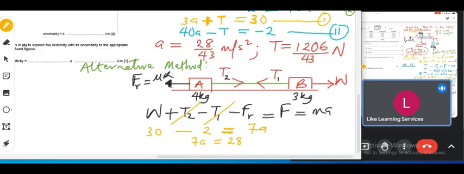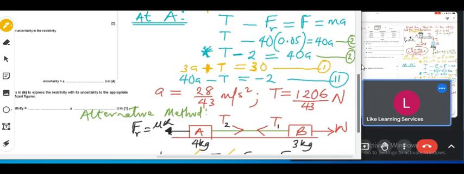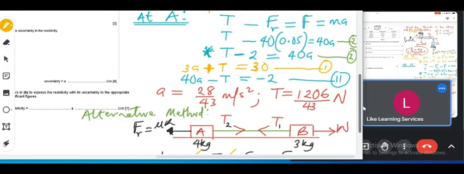Are you sure you didn't make a mistake in that first A you got? That's what the calculator gave me. You sure you didn't make a mistake?